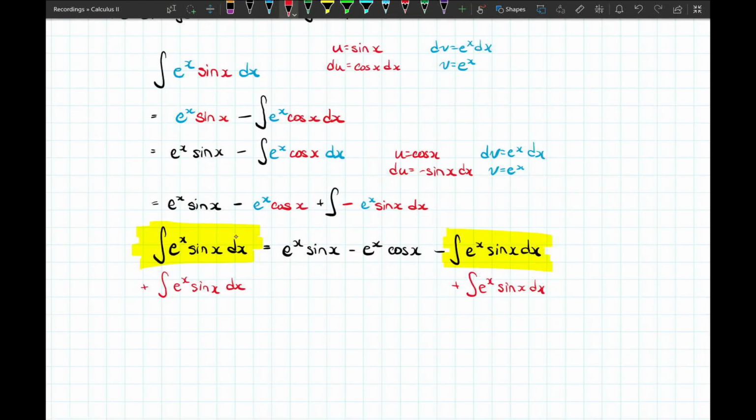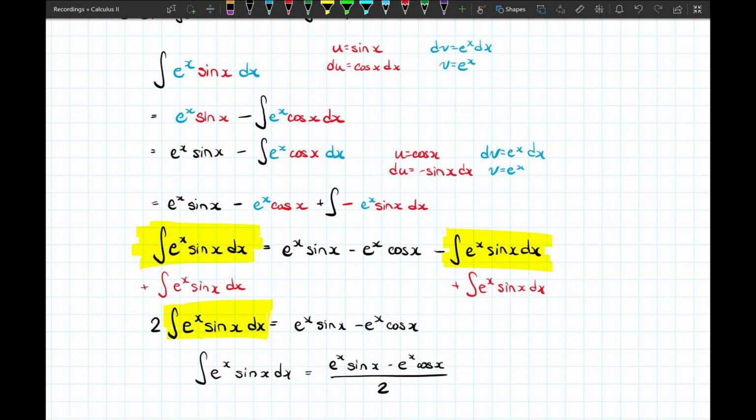Well, anytime we have a quantity plus another one of itself, we have two of that quantity. So on the left-hand side, we have 2 times the integral that we wish to find an expression for. On the right-hand side now, we have an expression that doesn't involve an integral. Well, that's great. In order to get this quantity in terms of an expression, we can divide both sides by 2.